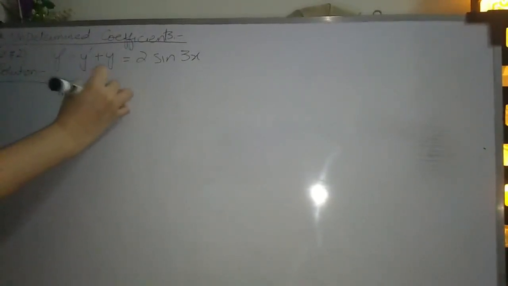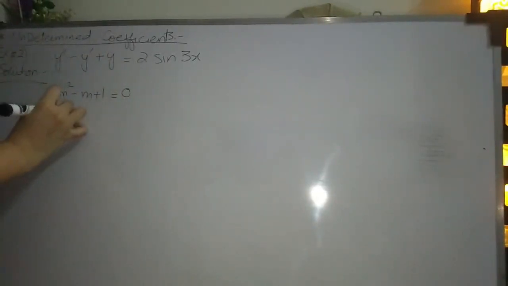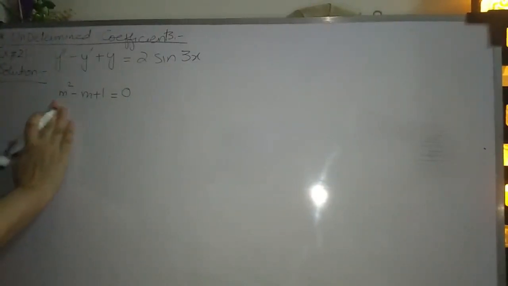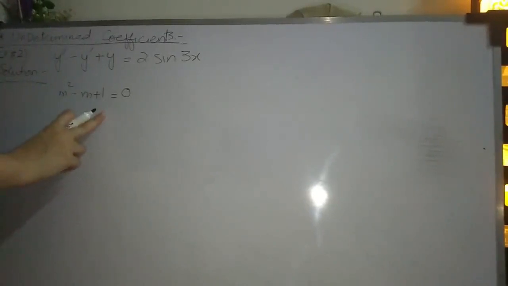So the auxiliary equation for the complementary solution is m square minus m plus 1 equals 0. Can it be factorized? I think it cannot be factorized, so I am using the quadratic formula, where a is 1, b is minus 1 and c is plus 1.